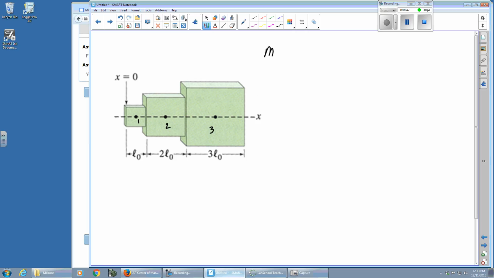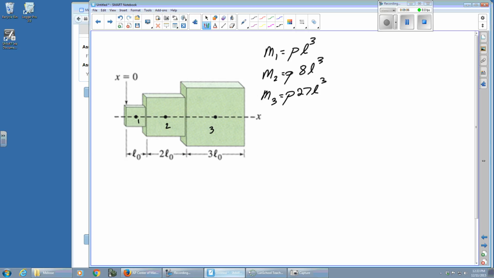So the mass of cube 1 is rho L cubed. The mass of 2 is rho 8L cubed. The mass of 3 is rho 27L cubed. Those are my individual masses.